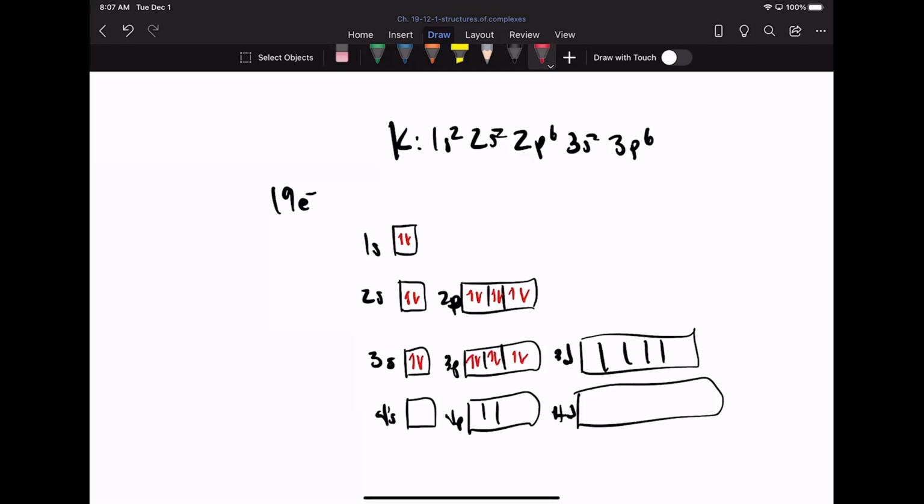So we've used 18 electrons now. So now this last and final electron.